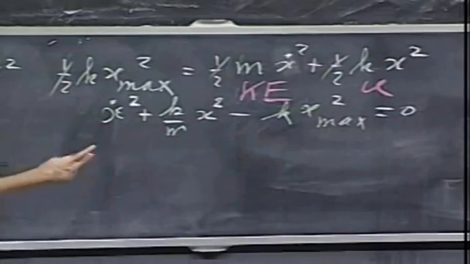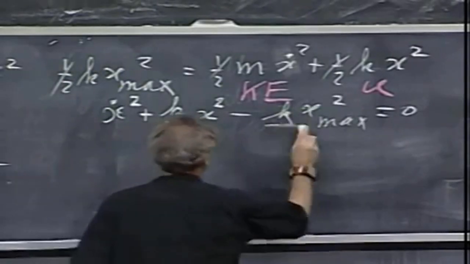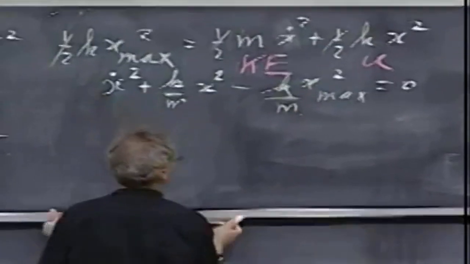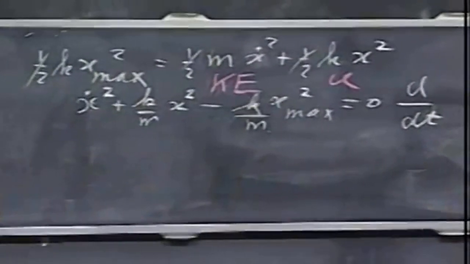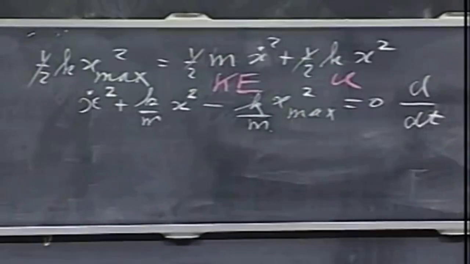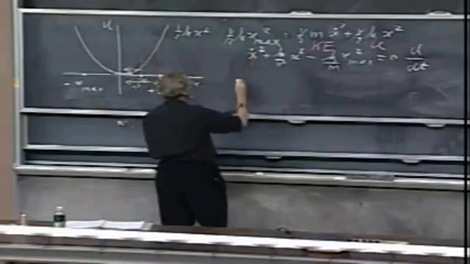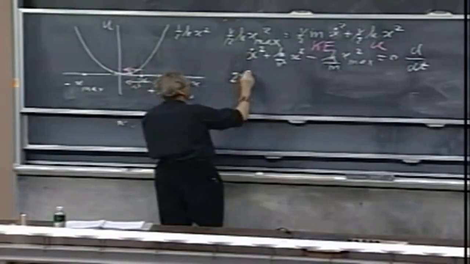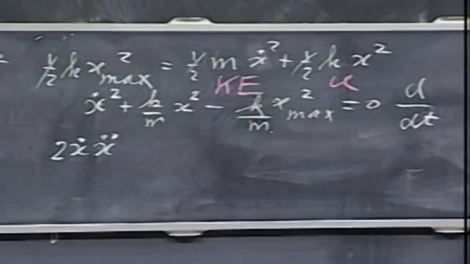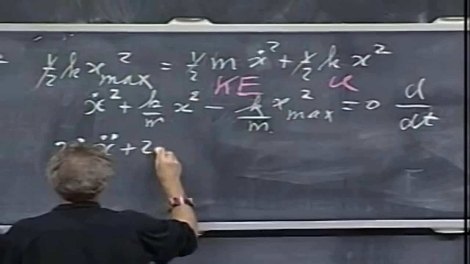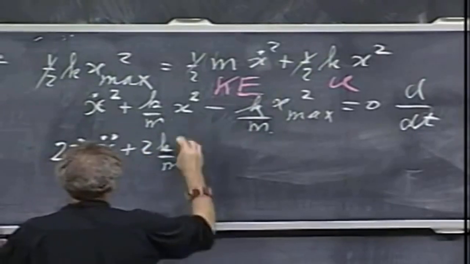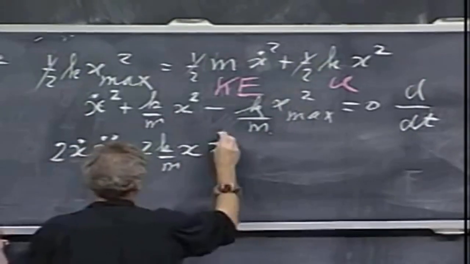Did I do that right? Yes. I divide, oh, there's an m here, and the m has to be here. And now I'm going to take the time derivative of this equation. And now you'll see something remarkable falling in place, just for free. I take the derivative versus time, that gives me a 2x dot, but I have to apply the chain rule, so I also get x double dot, the second derivative, the acceleration, plus I get a 2 k over m times x, with the chain rule gives me an x dot.